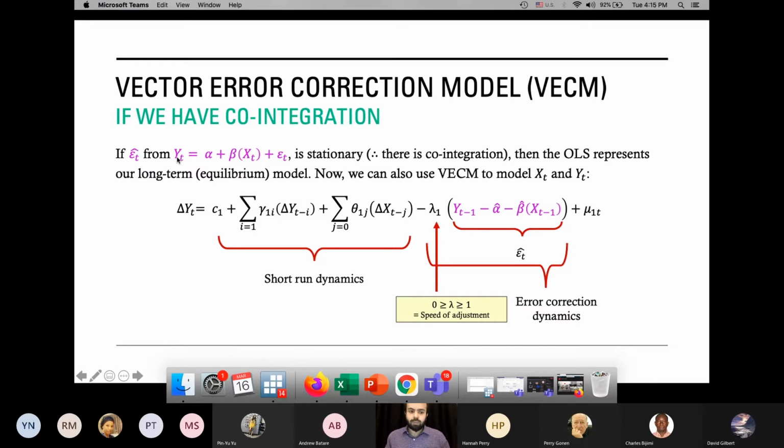They have a long-term association with each other, where our equilibrium model will be estimated by this regression. But we can also have a vector error correction model, which tells us that even though we might have an equilibrium model or a long run model, it's very likely that yt might have some short-term deviations.